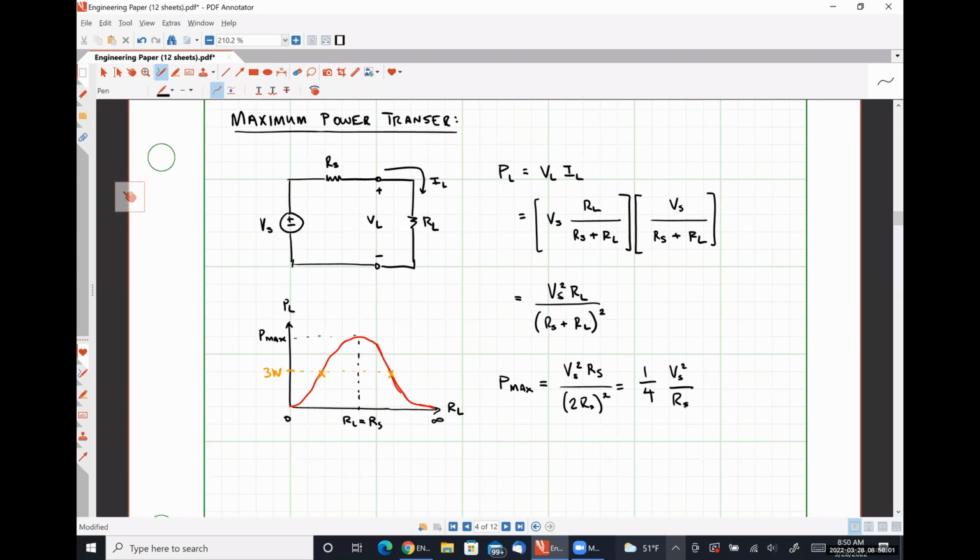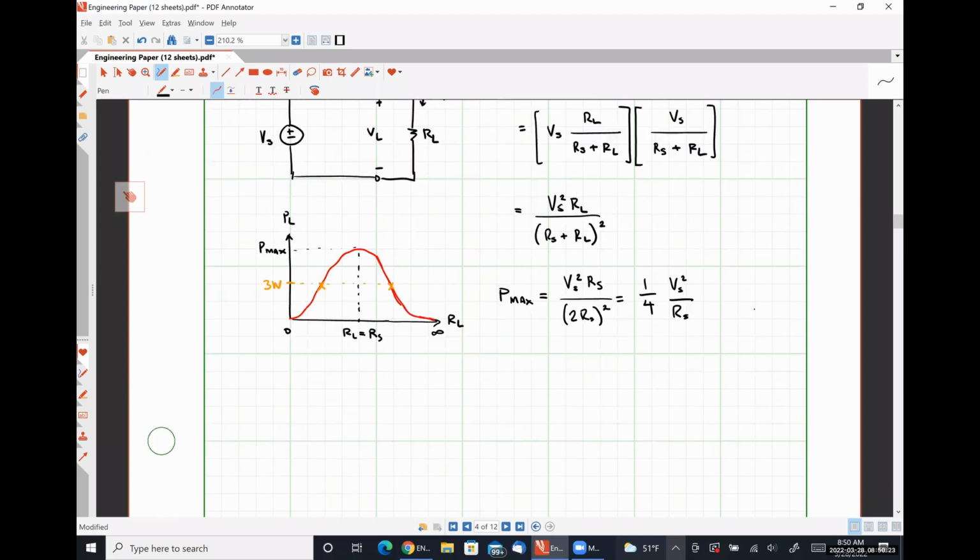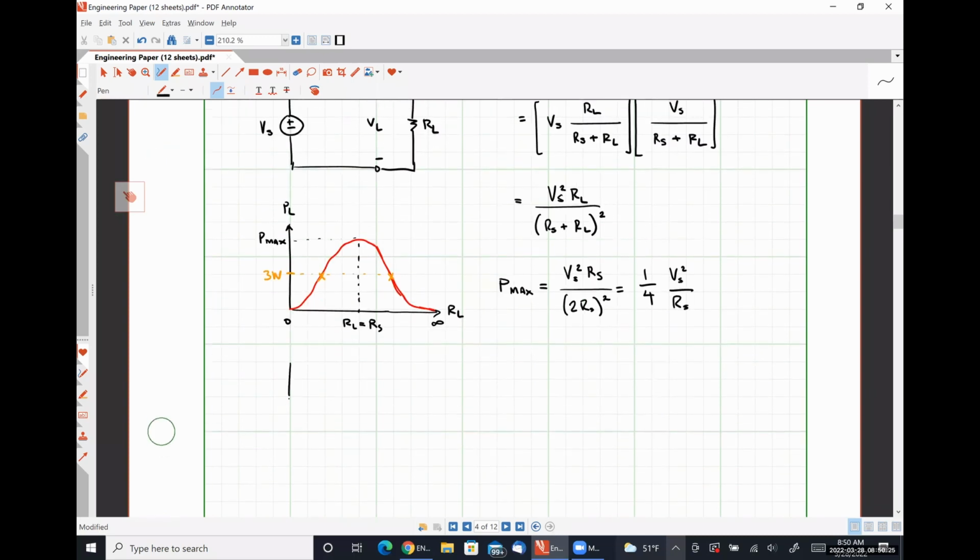We could go through a similar derivation for a practical current source, but it's really not necessary because we know that an electrically equivalent practical current source would occur when Vs is equal to Is times Rs. So for a practical current source, here we have Is in parallel with Rs.